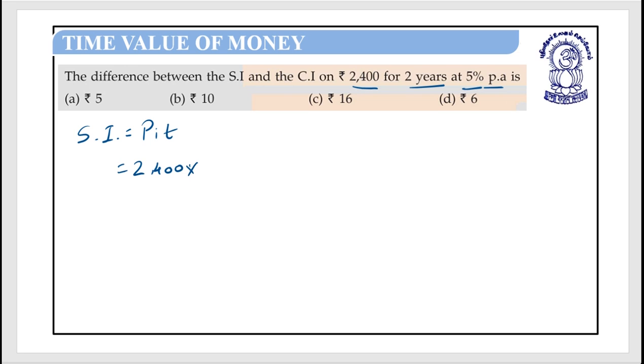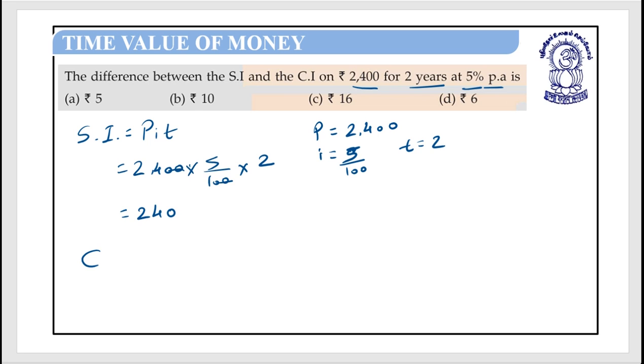Rate R is 5 by 100 for the 2 years, so multiply with 2. The zeros cancel. 24 into 10 is 240. So simple interest is 240.